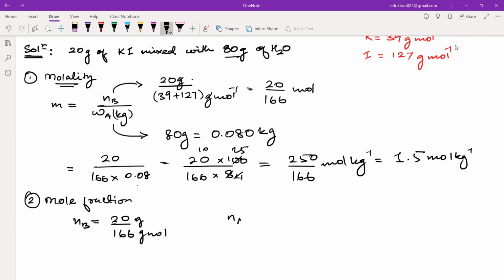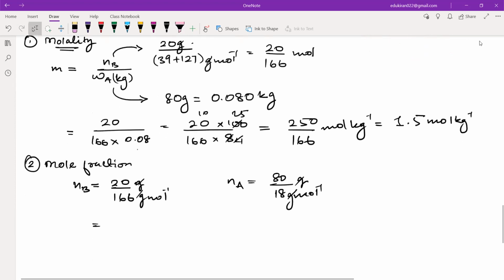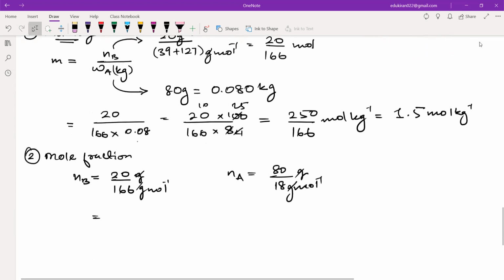Then you have n_A, which is water, equal to 80 upon 18 grams per mole. Grams and grams will cancel out, and the mole inverse will give you the answer in terms of moles, right? So 20 upon 166 and 80 upon 18. Calculate the mole fraction for both of them.